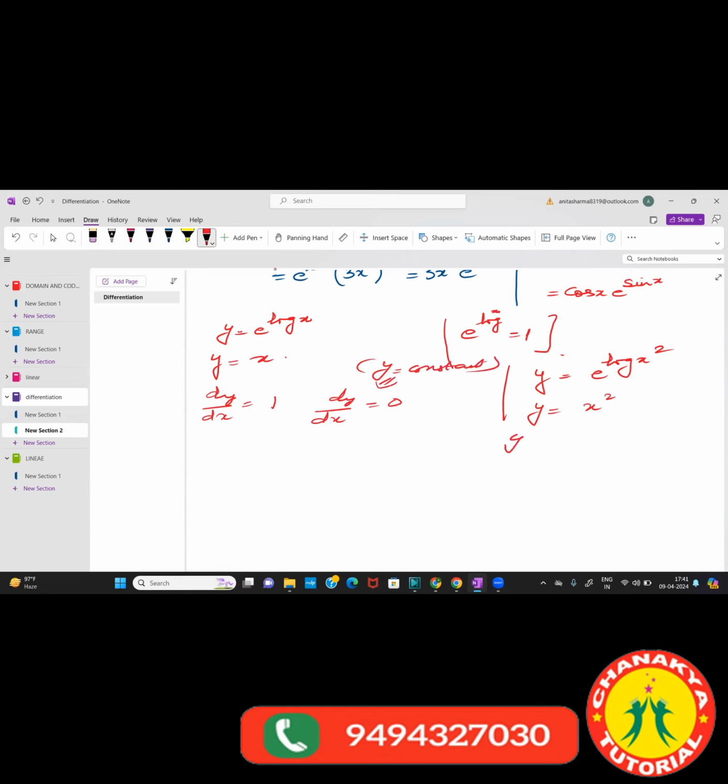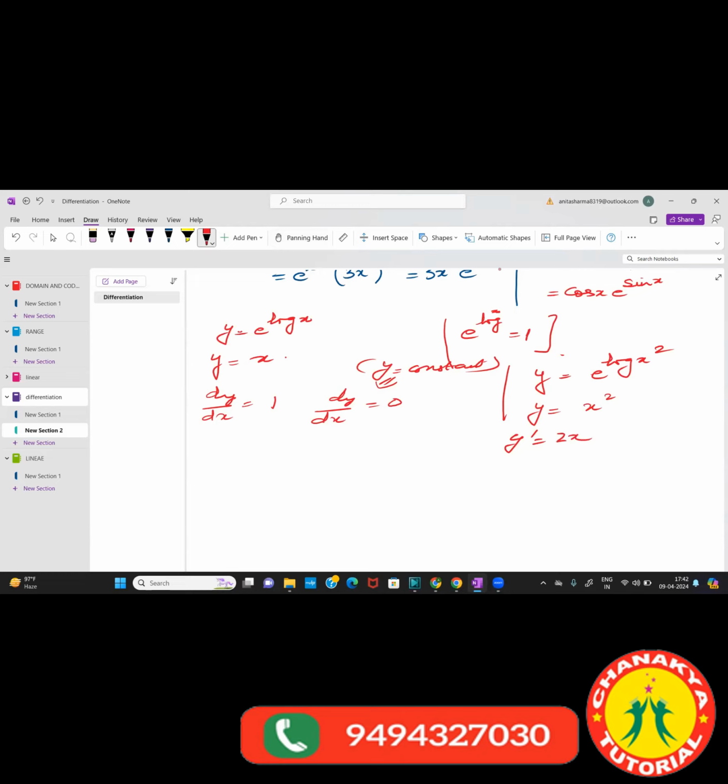And the differentiation of x square is 2x.